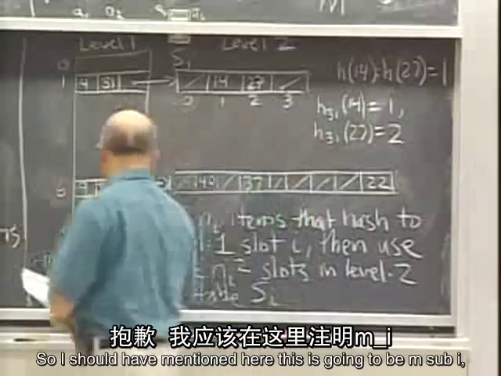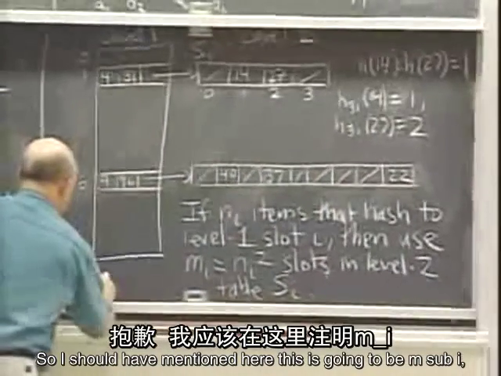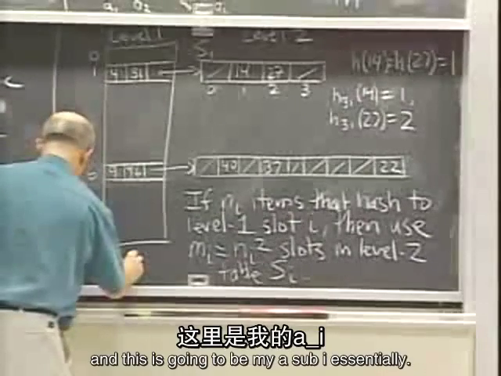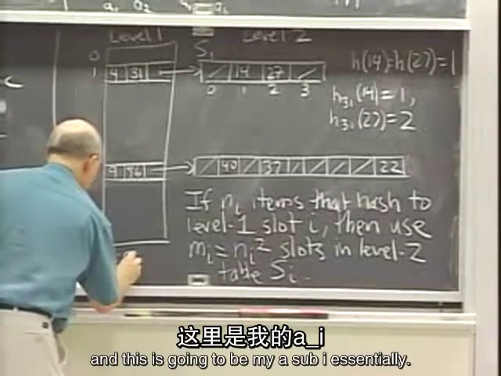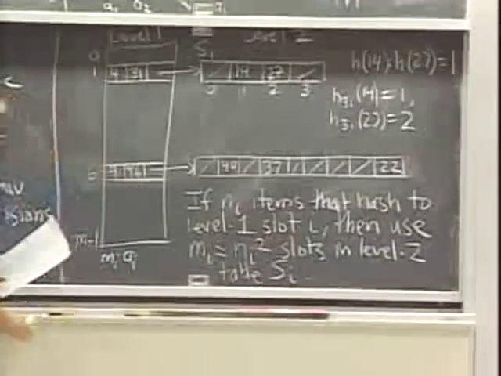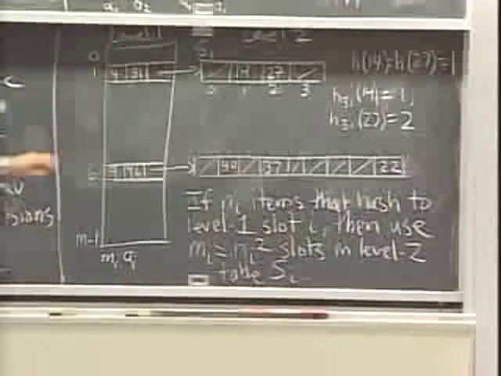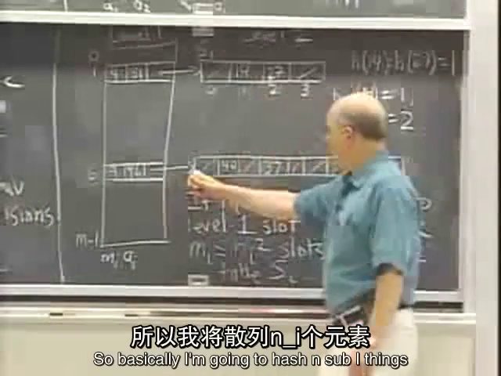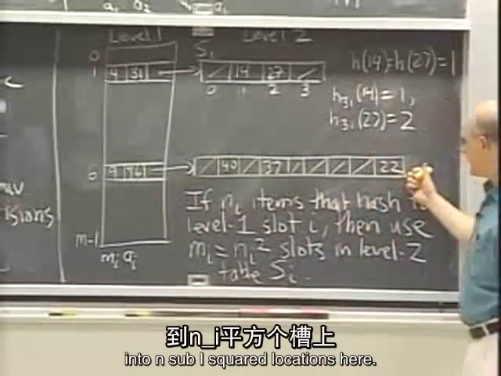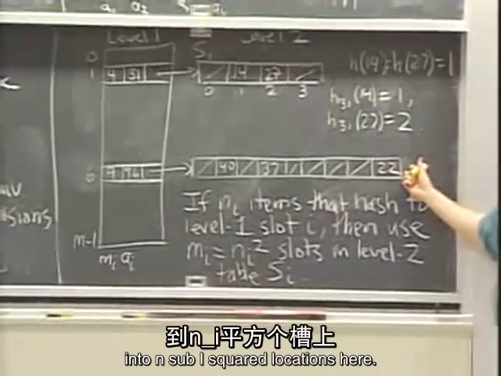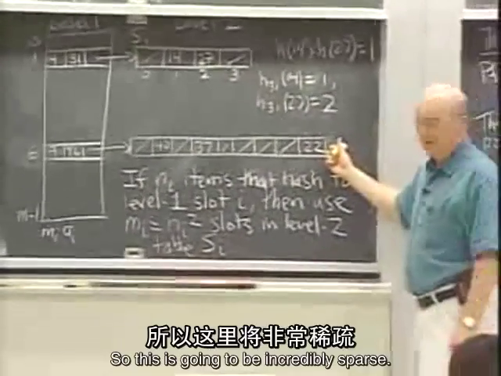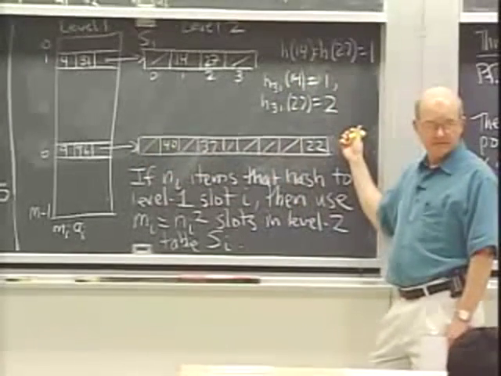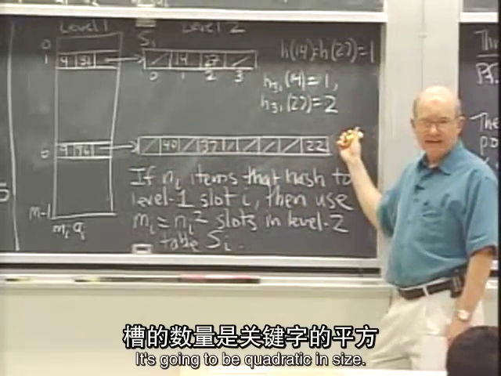Okay, so I should have mentioned here, this is going to be m sub i, the size of the hash table, and this is going to be my a sub i, essentially. So basically I'm going to hash n sub i things into n sub i squared locations here. So this is going to be incredibly sparse. Okay, it's going to be quadratic in size.